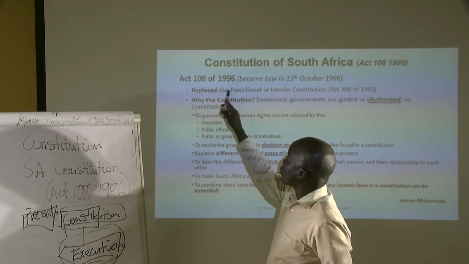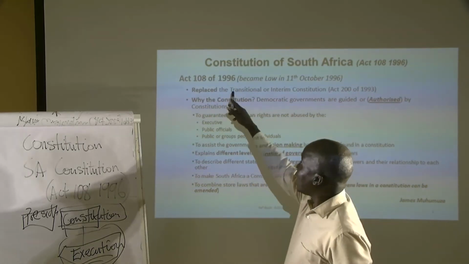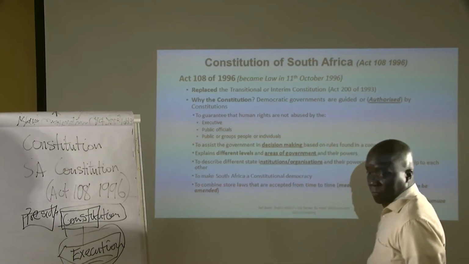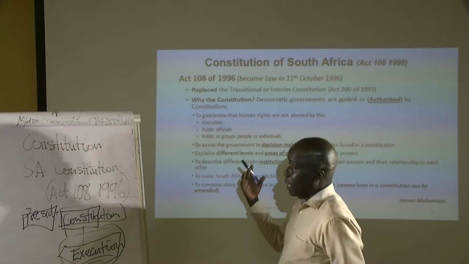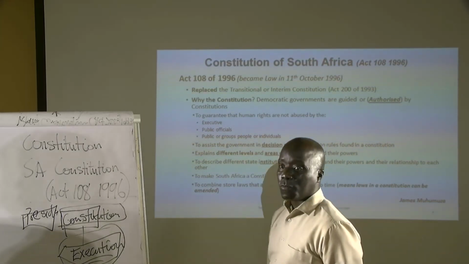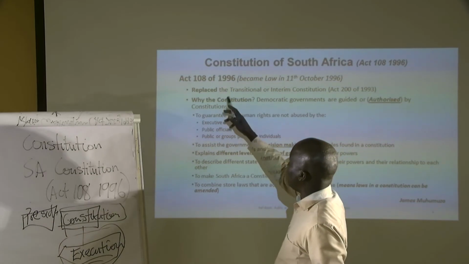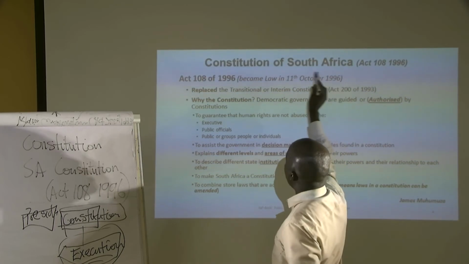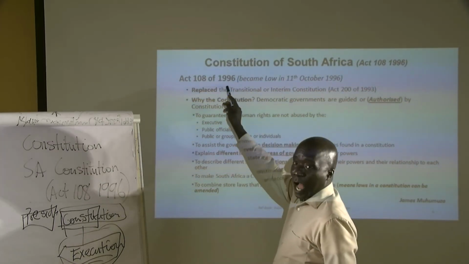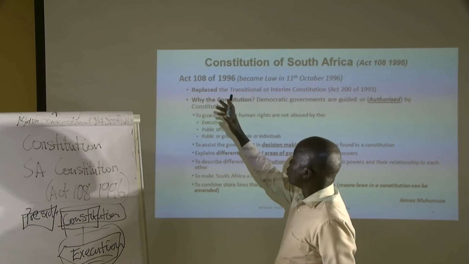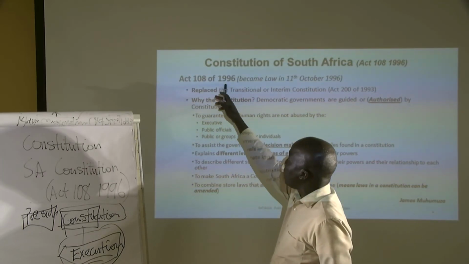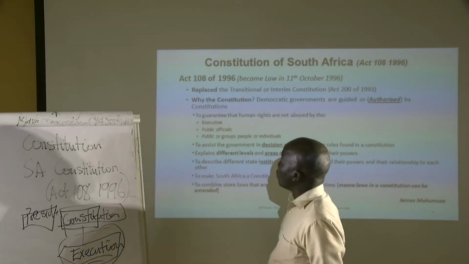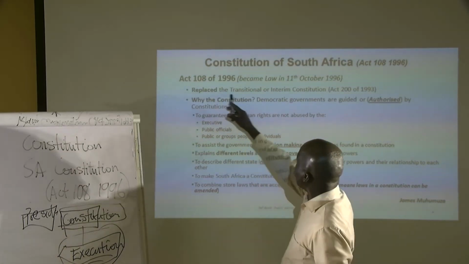By that time, the first multi-party elections for South Africa had already happened, the free, democratic elections which allowed everyone who was of age to vote, unlike during apartheid. So this Constitution, Act 108, came about two years after the general elections, and at that time the president was of course Mandela.